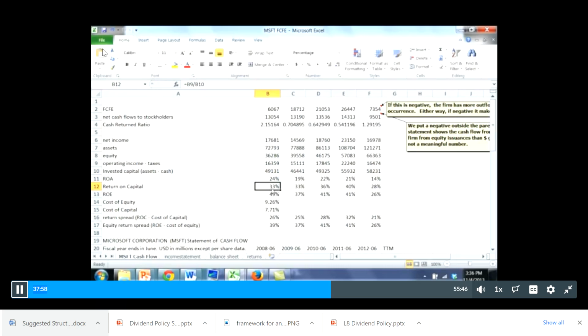So, of course, both of these things are going to make the return on capital look higher than the return on assets because we've got higher... well, that's funny. Why isn't it higher? It's actually lower, isn't it?